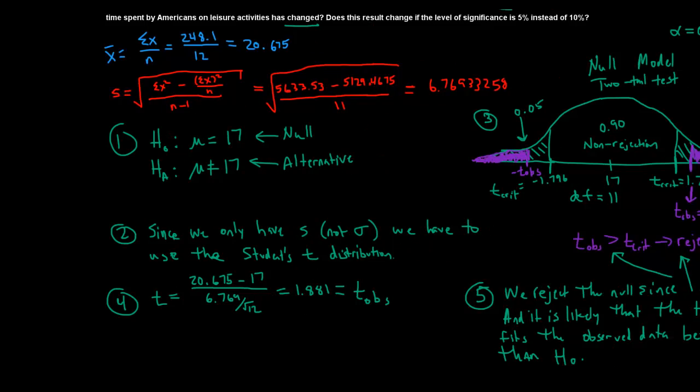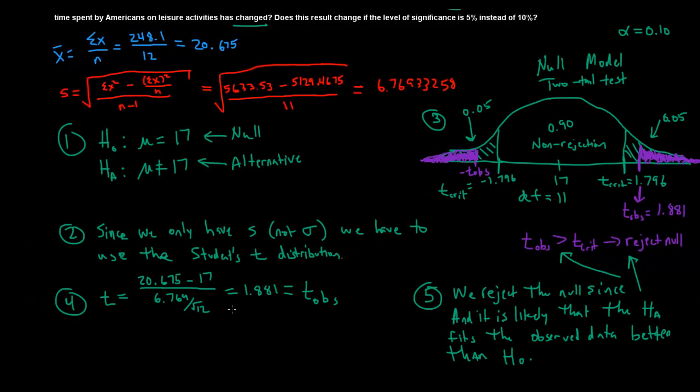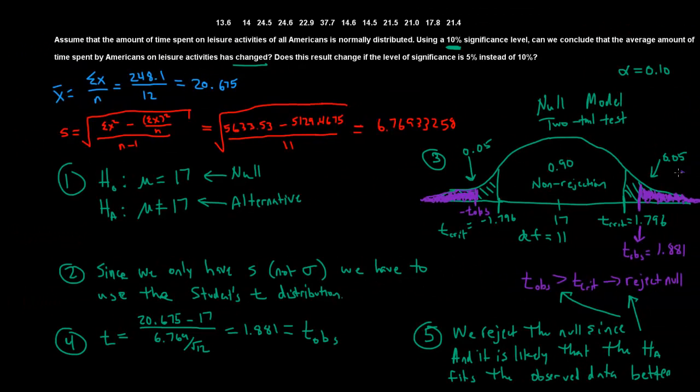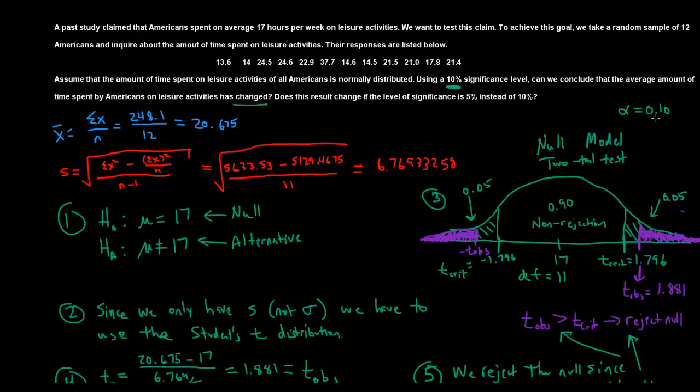So let's just review really fast. Okay, we had a study here that said Americans spend 17 hours a week on leisure activities. We said, hey, we want to know if that's true or not. So let's take a random sample of 12 folks and calculate their sample mean, how much time they spent on leisure.